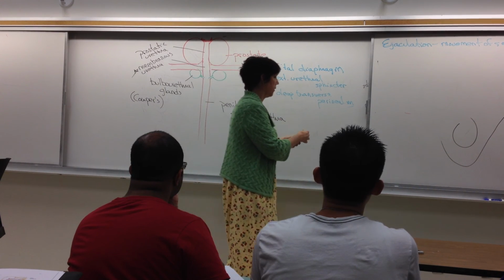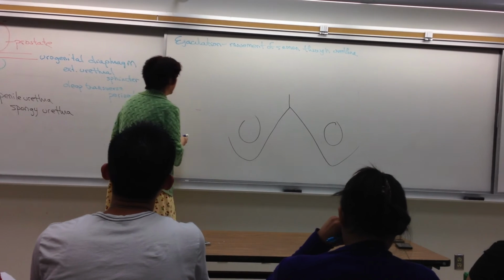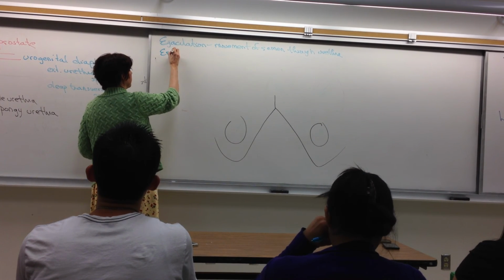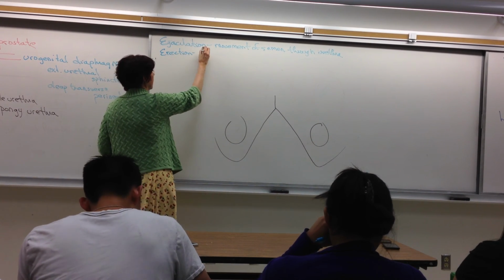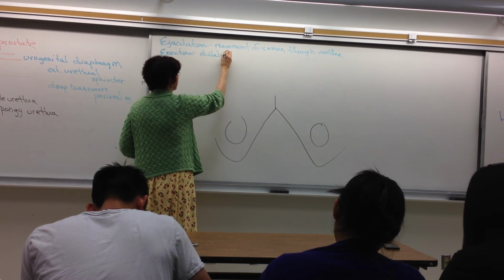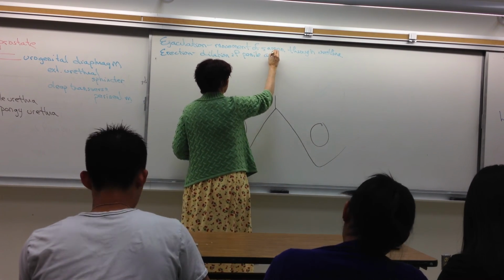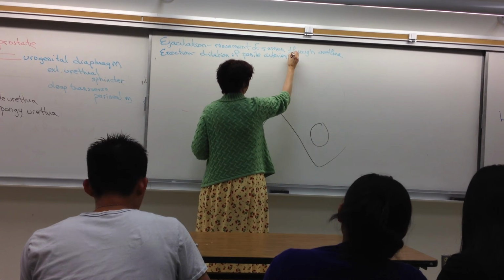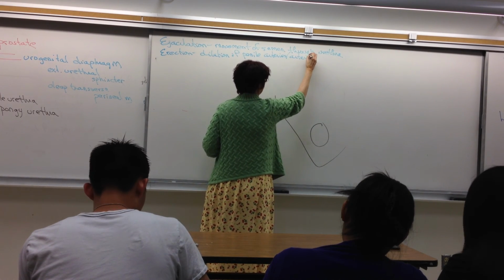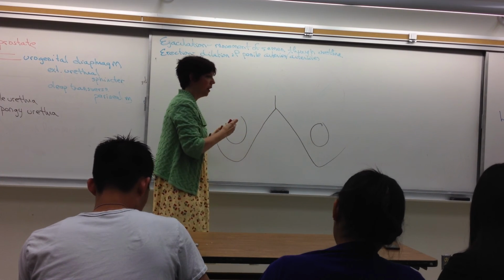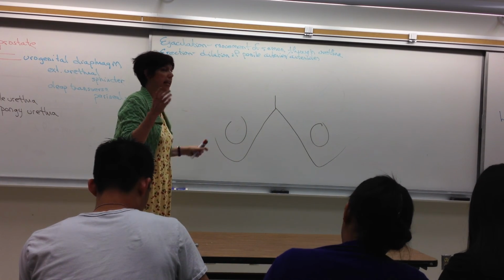Okay? So that is specifically the dilation of penile arteries and arterioles. So that erectile tissue is of three parts.